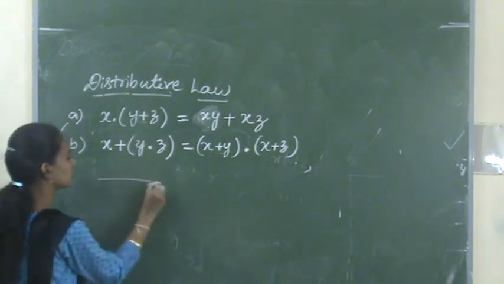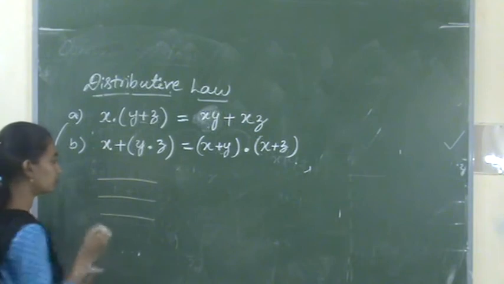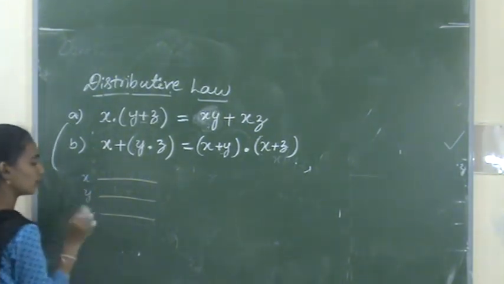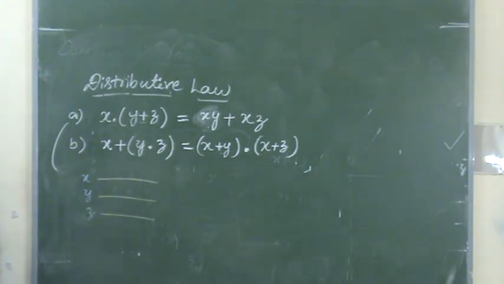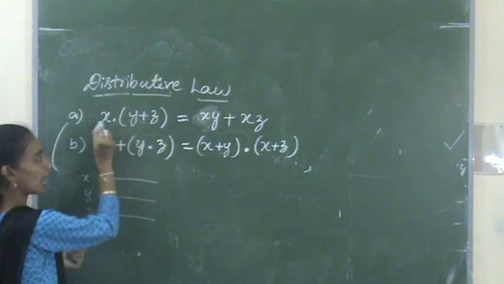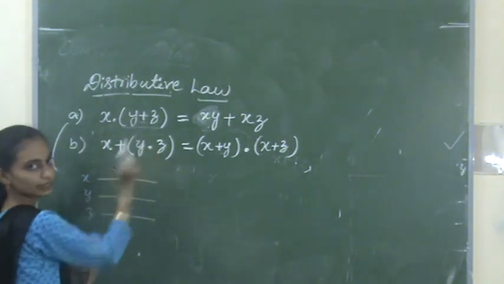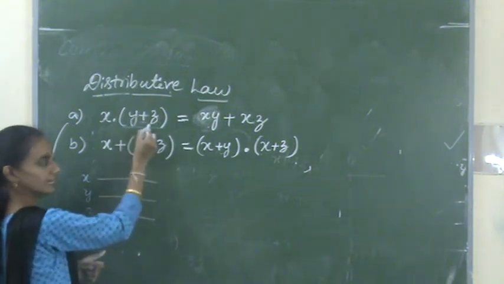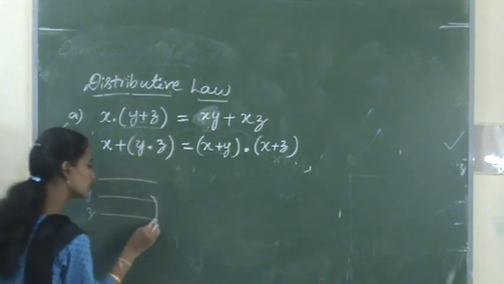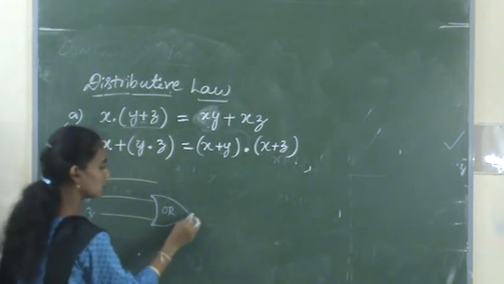So before that we are providing 3 inputs, that is x, y and then z, right? Now what I am doing, I am performing the AND operation with the x and the result of this. So before that we need the result of y plus z, so we have to perform y plus z, means OR operation.